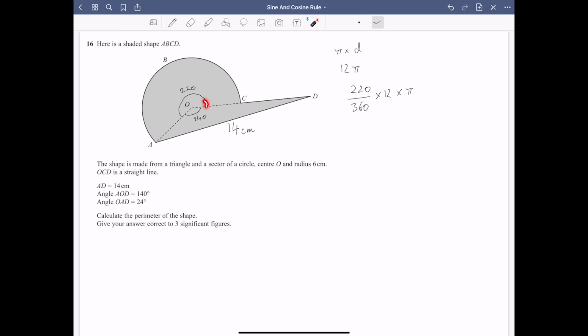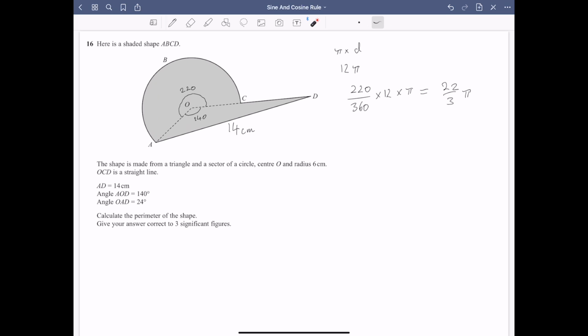So we've got 220 degrees here out of the whole 360. So we can basically say that this portion of it is 220 over 360 of the whole circumference. Okay? So this bit is equal to this, which is 22 over 3 pi.